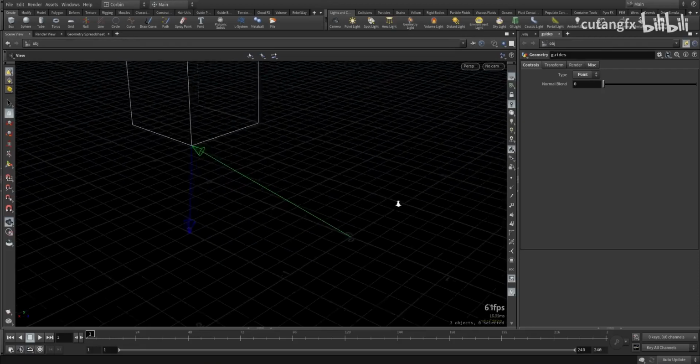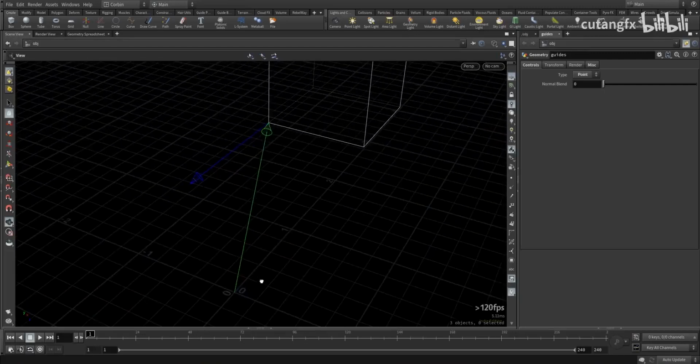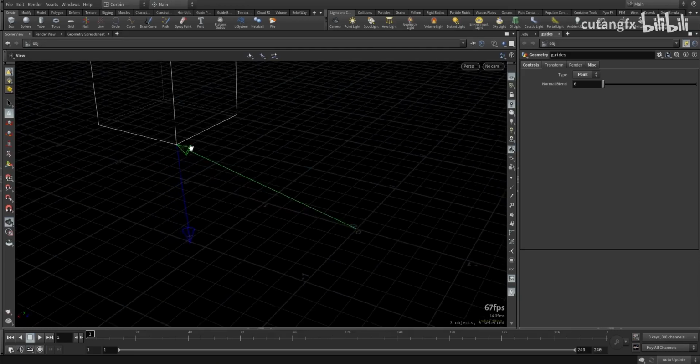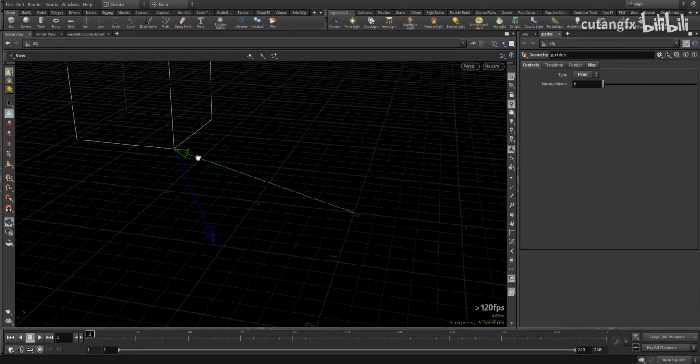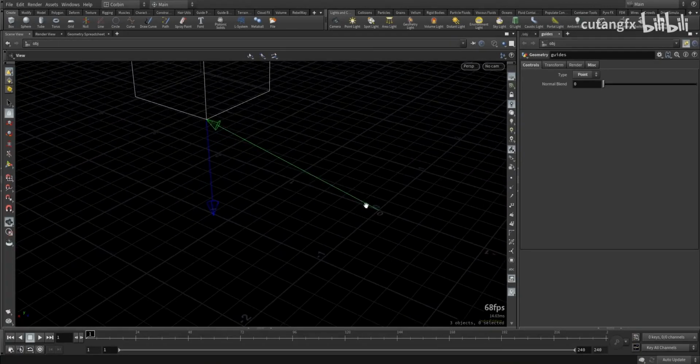Now, I've got the grid switched on so that you can see that this point position is coming from the origin to that position. I felt that it was important to show you this because a lot of the time, visualizing point position like this, understanding that it is a position coming from the origin to its current location, is very important in visually, artistically working with vectors and understanding how the vectors can interact with one another.